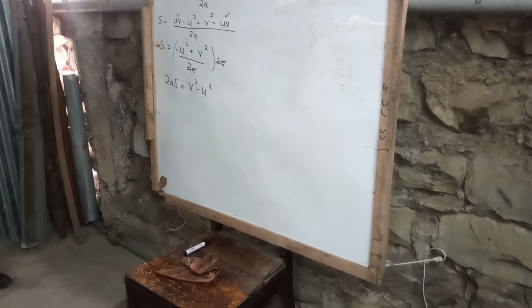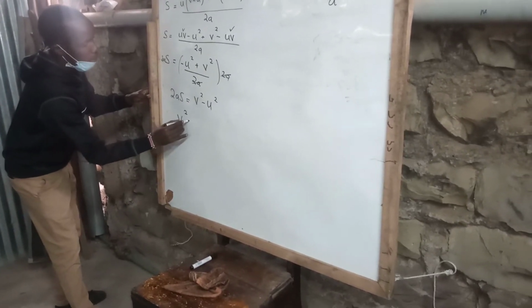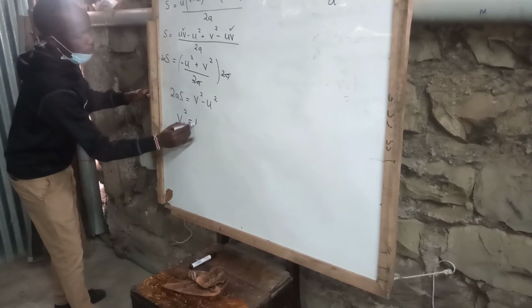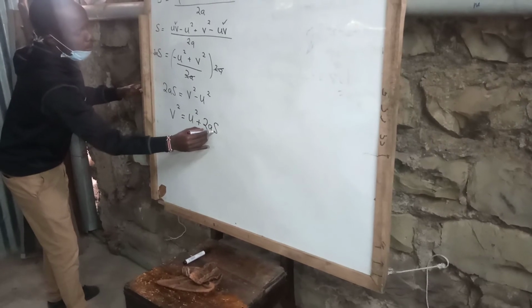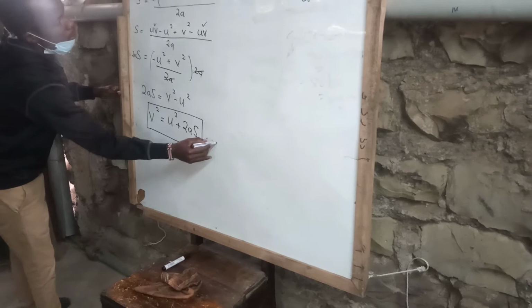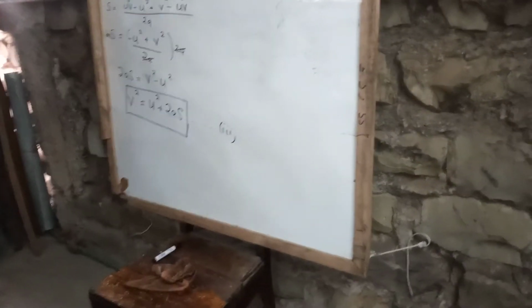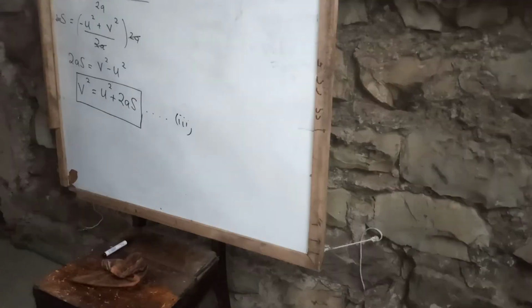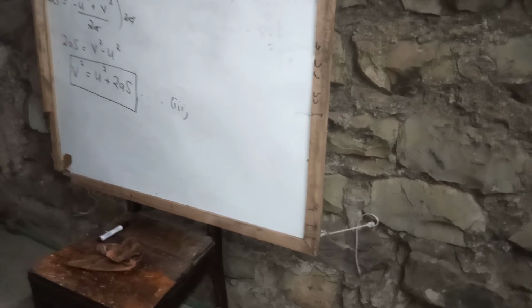So that means v squared is equal to u squared plus 2as. That will be the third equation of linear motion. v squared is equal to u squared plus 2as.